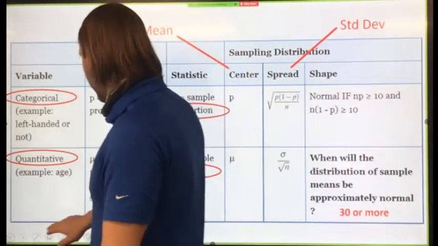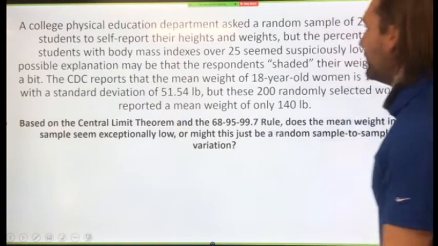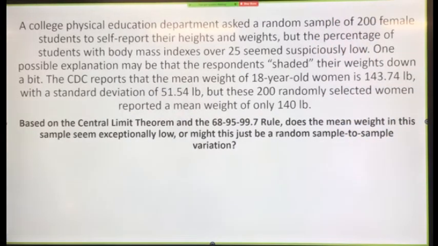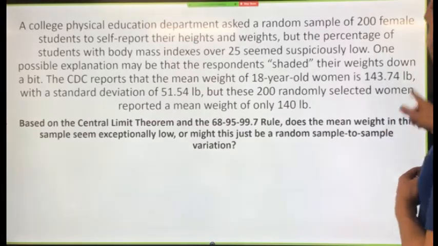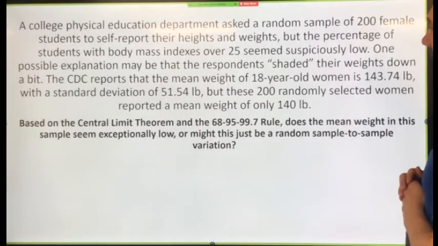So let's look at one example. A college physical education department asks a random sample of 200 female students to report their heights and weights, but the percentage of students with a body mass index of over 25 seems suspiciously low. One possible explanation may be that the respondents shaded their weights down a bit.